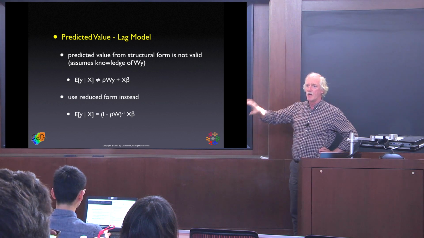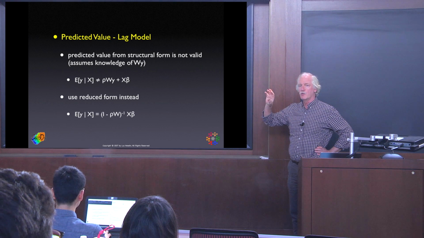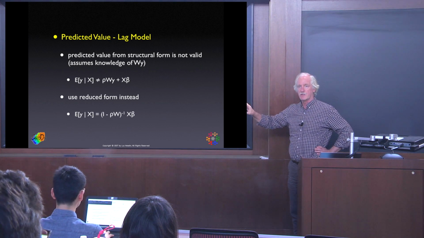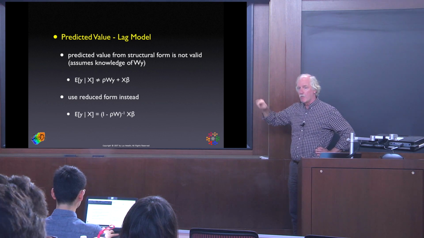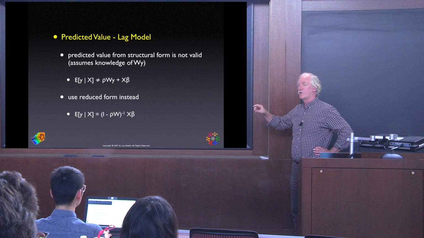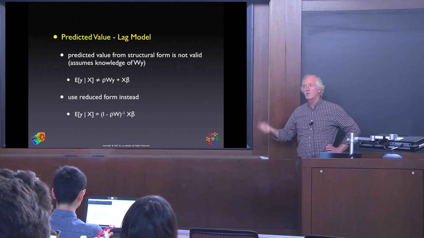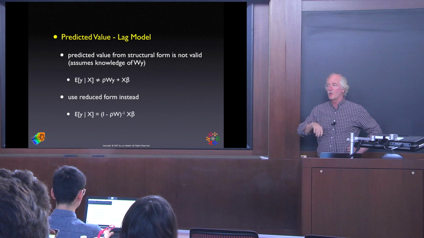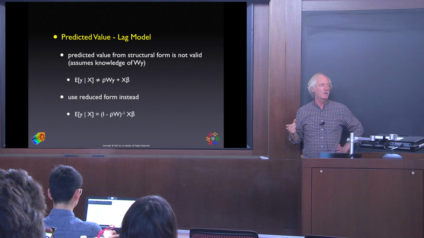But WX is a spatial lag of X, which we can do computationally really fast. And then the next one is rho squared WWX, so that's the spatial lag of the spatial lag. So you can actually do this fairly efficiently without having to invert this big matrix. And that's how we do this in practice.